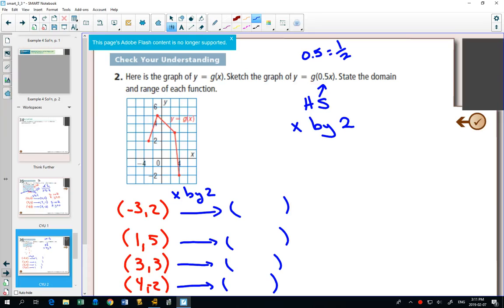I'm multiplying my x values by 2. Well, that's going to change this one to -6, 2, 2, 5, 6, 3, 8, -2. Where do those end up? -6, 2.